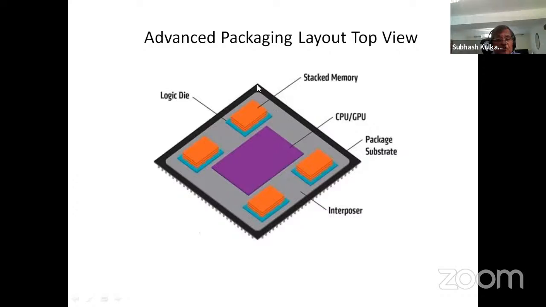You could have multiple chips put on a board. You can have a package substrate shown by black color. Then you have an interposer, and I'll show you what that is. That makes connections through from the package underneath. And you can put here a GPU or CPU, your microprocessor chip that controls, for example, your computer.